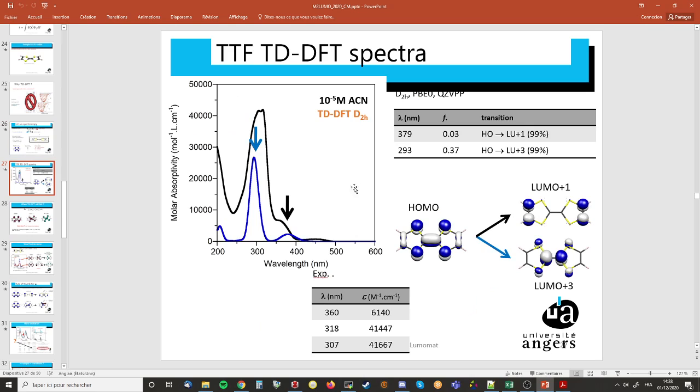So here we have a comparison. We have the experimental spectra, we have the theoretical spectra. To be more precise, in the calculations, that's what we've seen last time, we have one energy value for the transition.